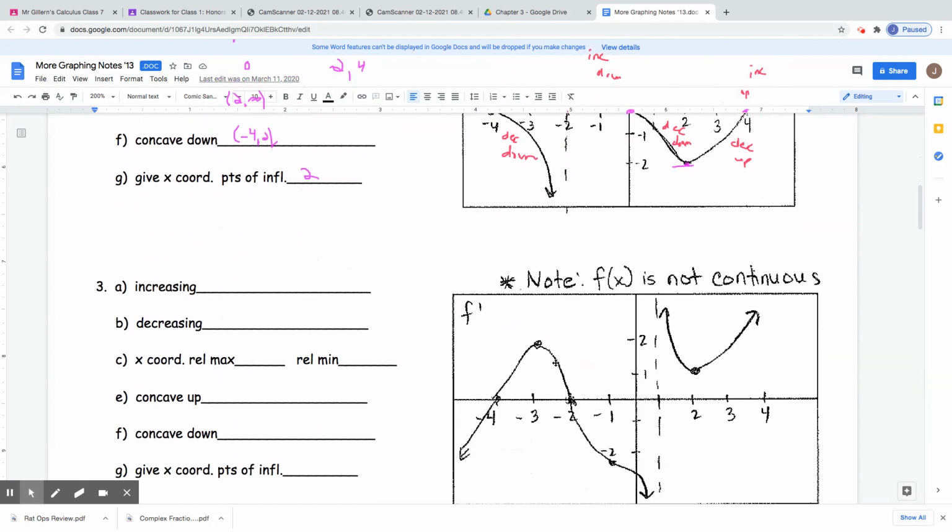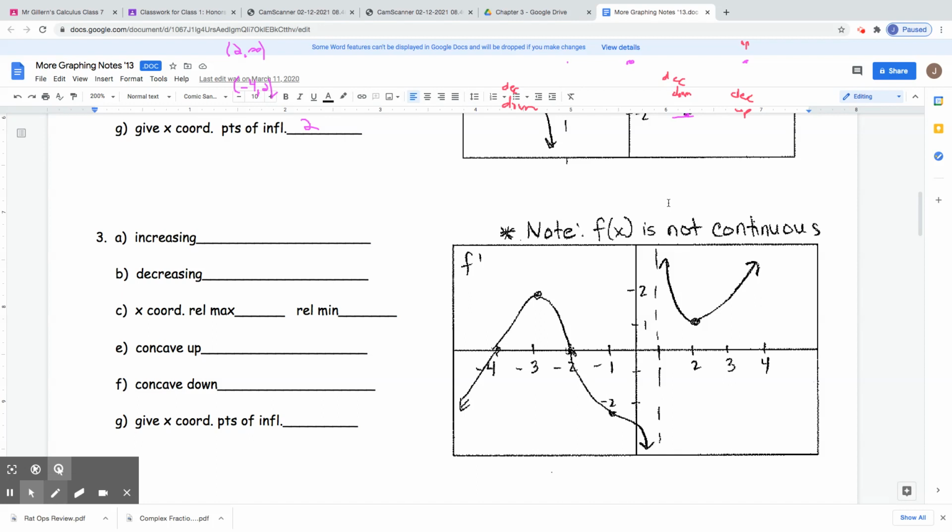Now, the last one we're going to go over says we have an asymptote, but this is saying that f of x is not continuous, right? Which means that this asymptote will also be on the original. So let me go mark this up.